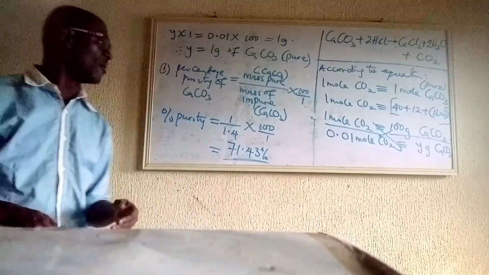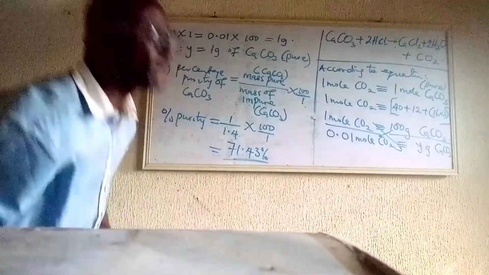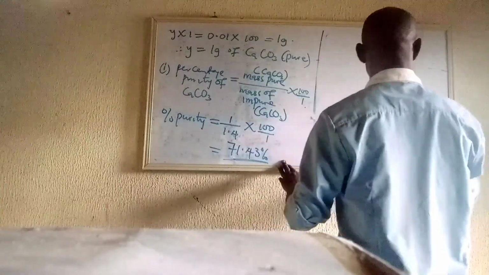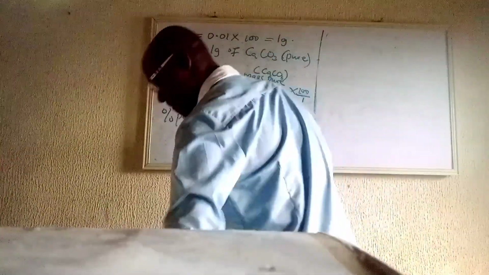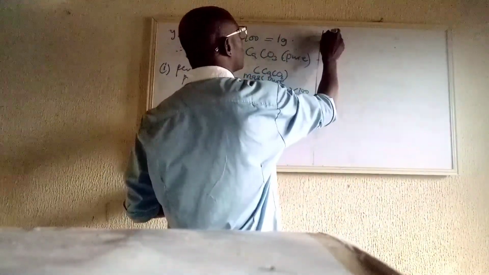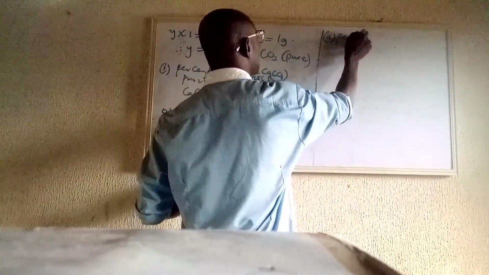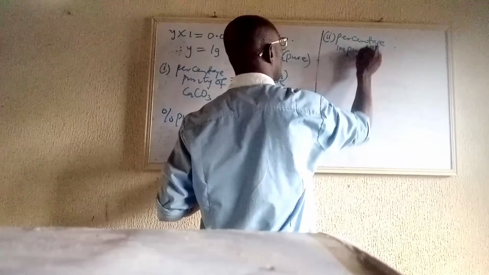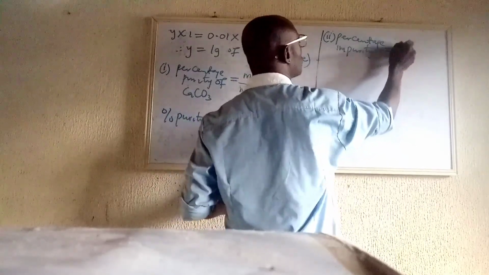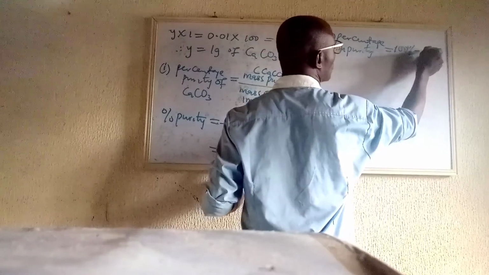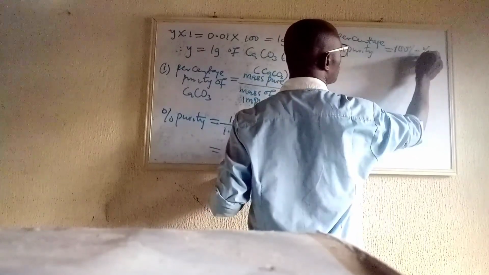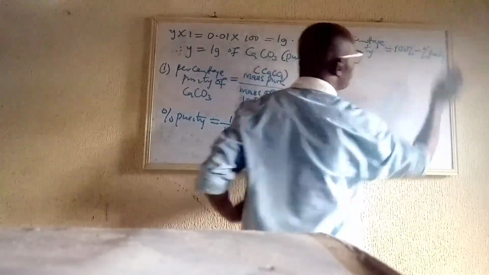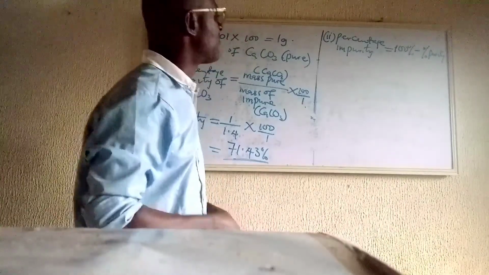Okay? Now, percentage impurity can be found in 2 different ways. Roman figure 2: percentage impurity will be 100% minus percentage purity. You know, when we remove purity out of impure, we have impurity left.